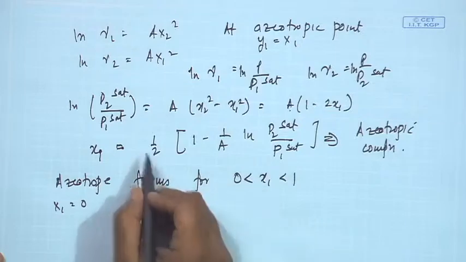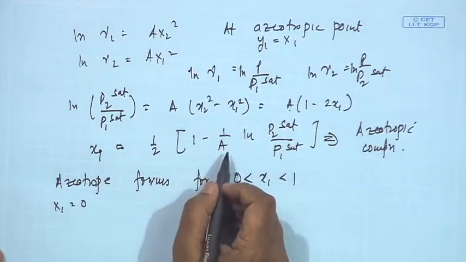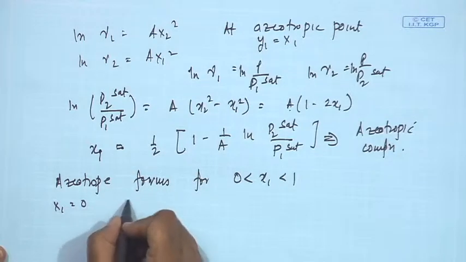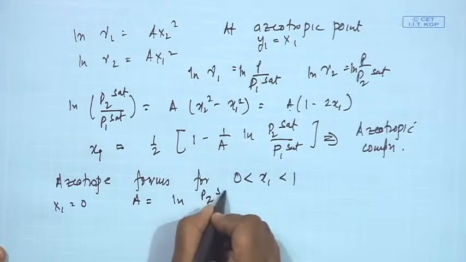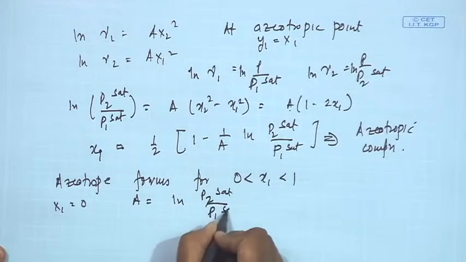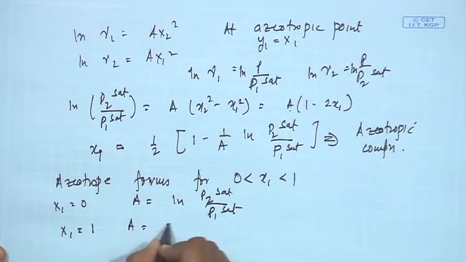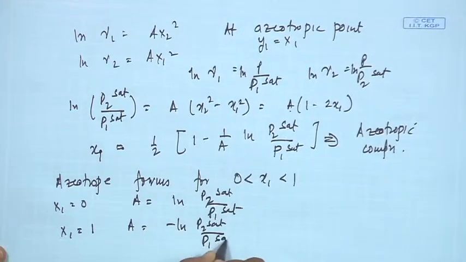For x1 equals 1, this particular part has to be equal to 2. Once you have obtained them, you find that for x1 equals 0, a should be ln P2 saturated by P1 saturated, and for x1 equals 1, a should be minus ln P2 saturated by P1 saturated.